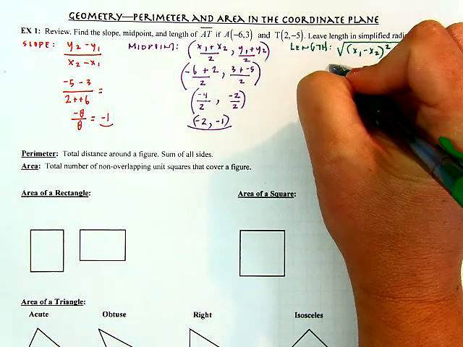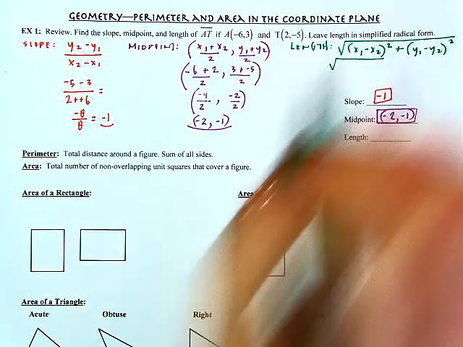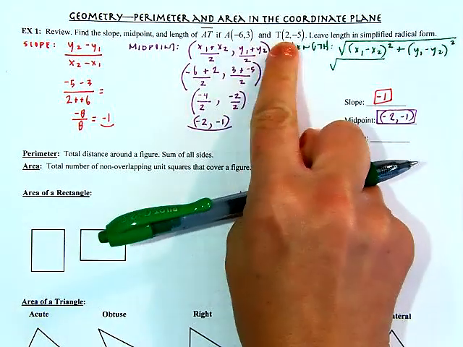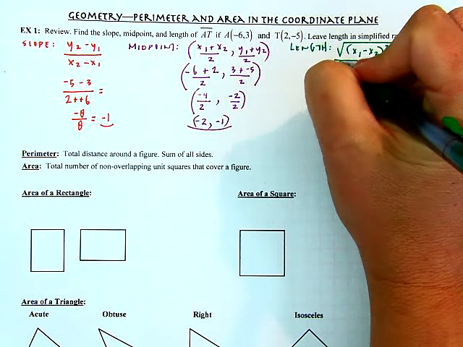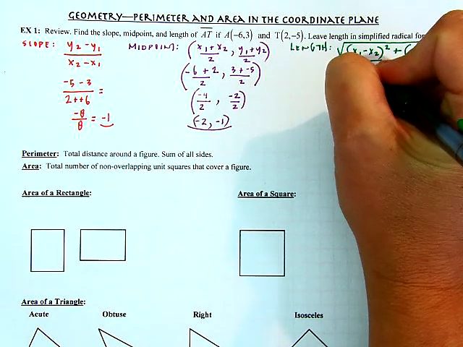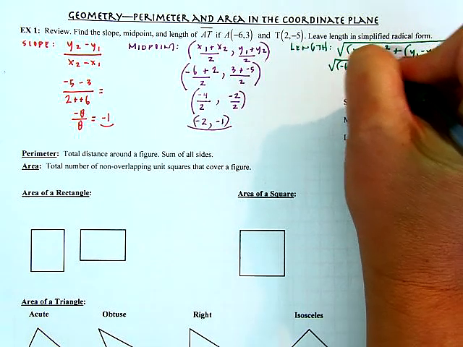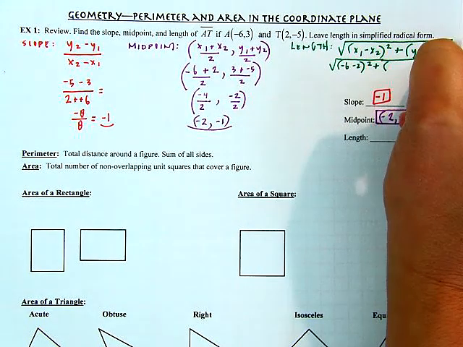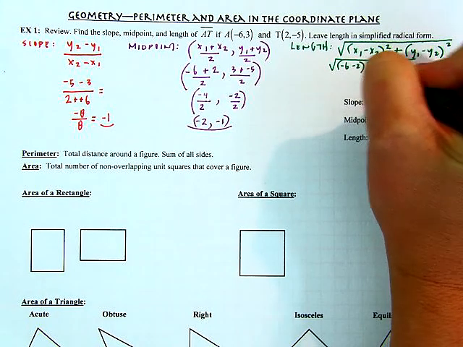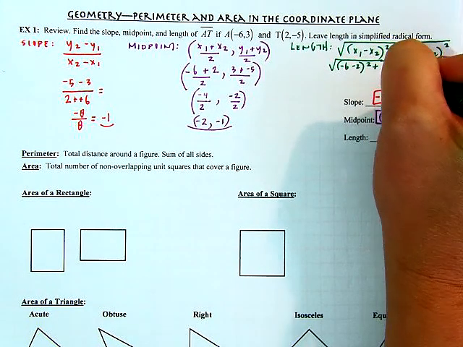So when I plug into that, difference between the x values, so negative 6 minus 2, order doesn't matter, and then squared, plus difference between the y values, so 3 minus negative 5 squared.